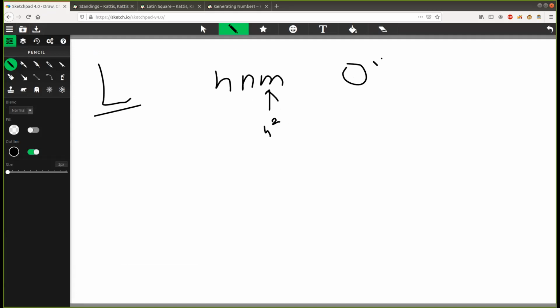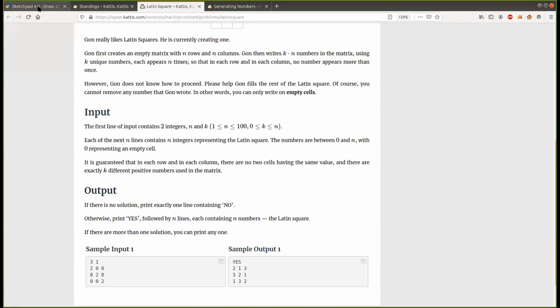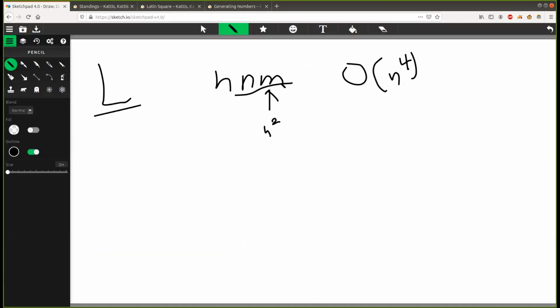So overall the complexity is n to the 4th power. And you can see here that n is 100, so 100 to the 4th is 10 to the 8. And actually it'll be slightly less, I believe, or you can do max matching faster than nm, but nm is good enough here.